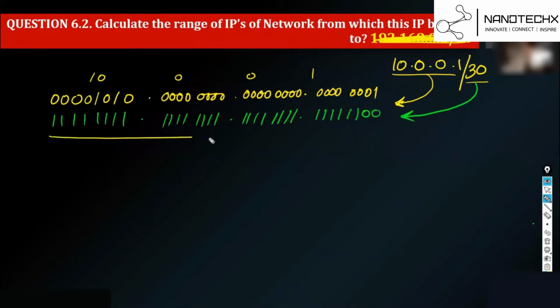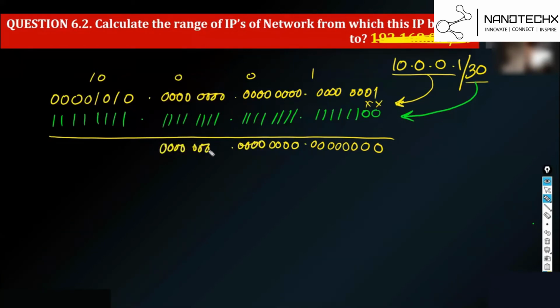Multiply them together. 1 multiplied by 0 is 0. 0 multiplied by 0 is 0. Of course, it is going to be all zeros. Dot, again 0, 0. This one and this one are also going to be 8 zeros, because anything multiplied by 0 is 0.